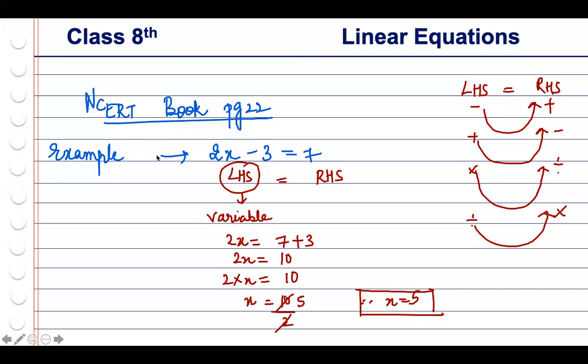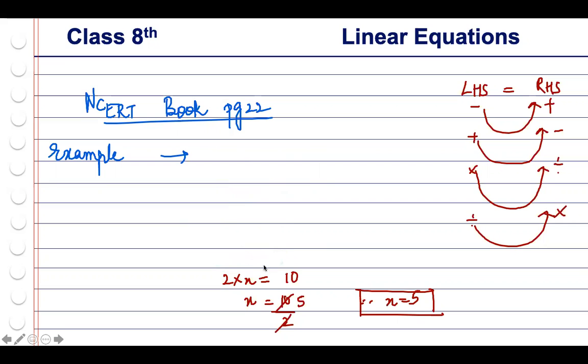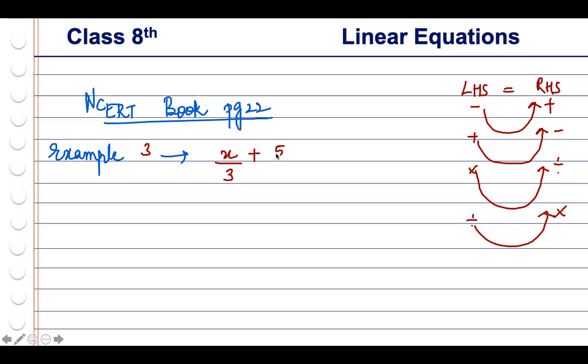In your example 2, you have a fraction based equation. The question is x upon 3 plus 5 upon 2 is equal to minus 3 upon 2. Now I want only the x term to be on my LHS.